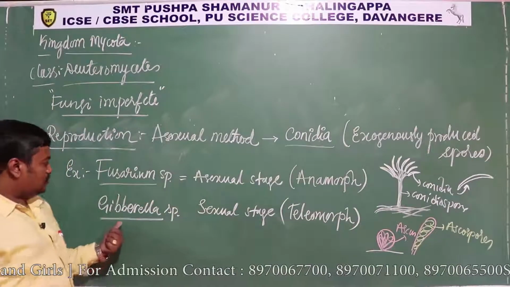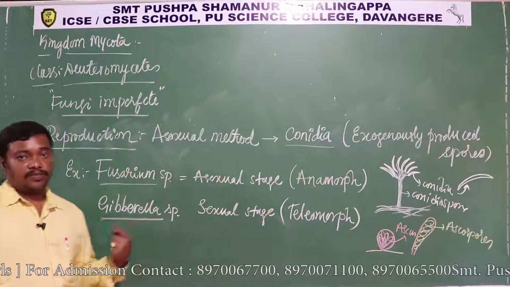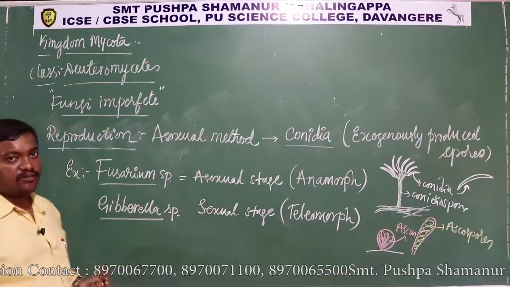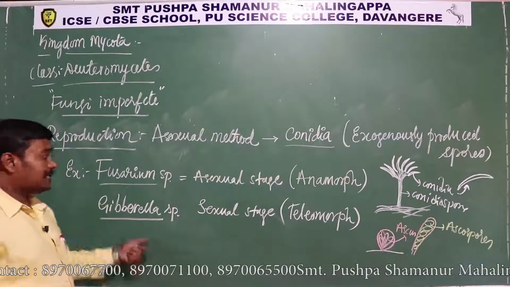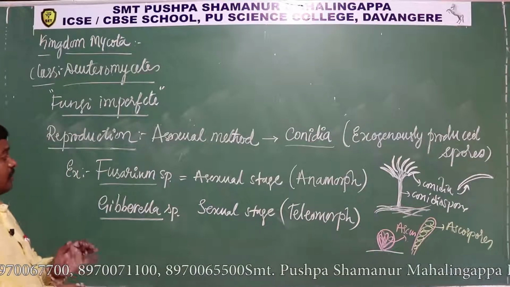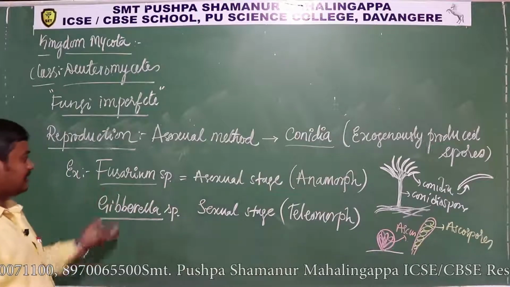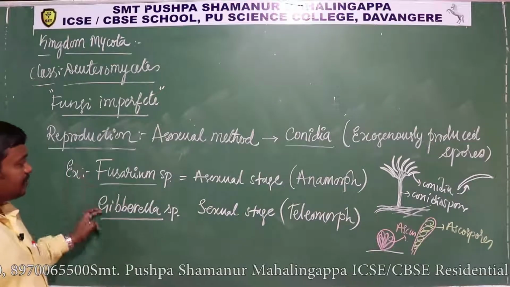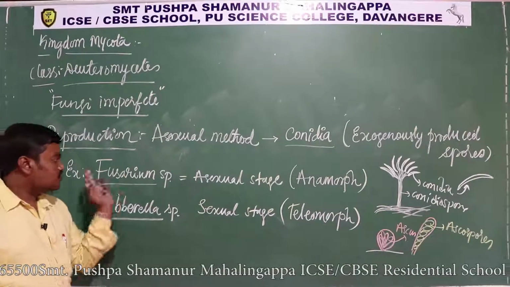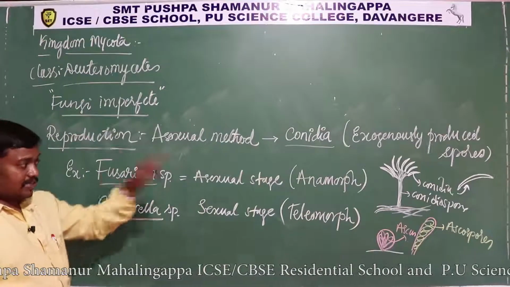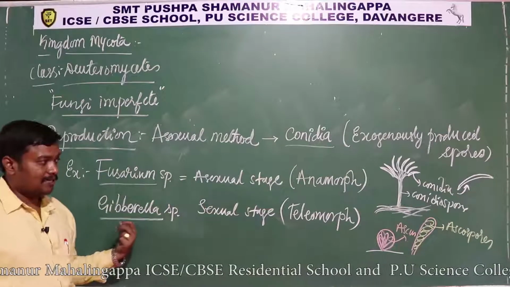Okay, so this Gibberella species has another importance. From this fungus itself the plant hormone gibberellic acid is isolated. So that is Gibberella species. So now by using molecular phylogenetic analysis, they came to know that Fusarium and Gibberella both are the same. So in the asexual stage or in deuteromycete it is named Fusarium, whereas in the sexual stage it is named Gibberella.